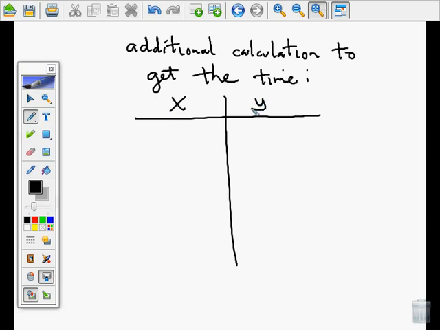And you consider the vertical velocity on the way up. And we know that the acceleration in the y column is negative g. And we know the initial velocity in the y direction was equal to the initial velocity times sine of theta.